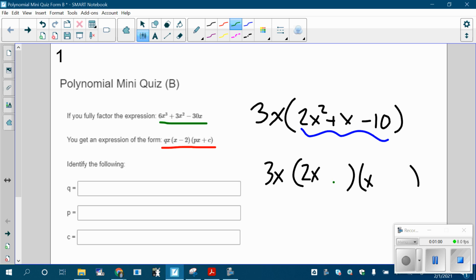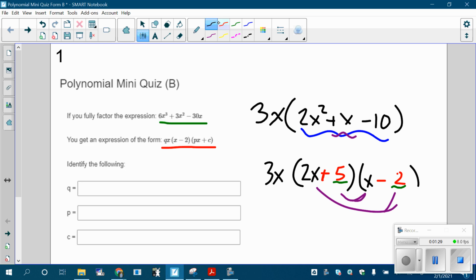The numbers I put here have to multiply to negative 10: negative 10 and 1, 1 and negative 10, 5 and negative 2, negative 2 and 5. And I want the middle and the outer to give me positive 1. So I'm going to mess around with that. I'm going to end up figuring out that putting a plus 5 here and a minus 2 here gives me 5x minus 4x, which is 1x.